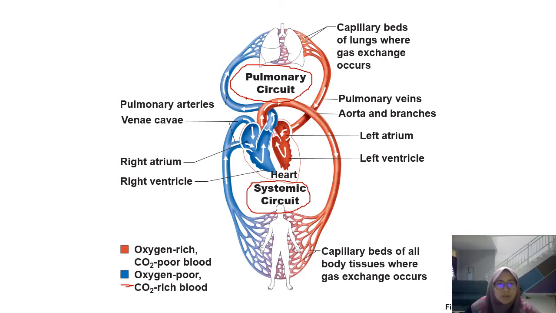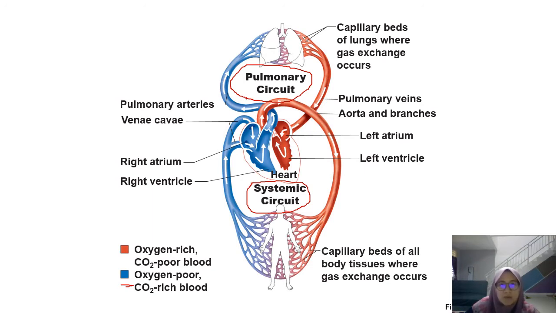Why is it blue? Because it contains deoxygenated blood pumped from the body tissue, so it is very low in oxygen and high in carbon dioxide. It pumps into the right heart, then to the lungs and back to the left heart.